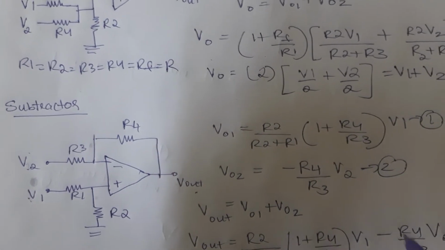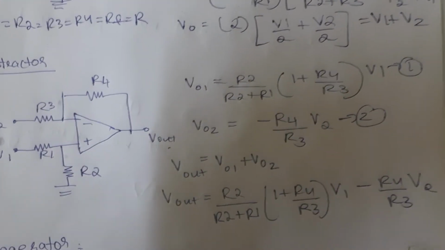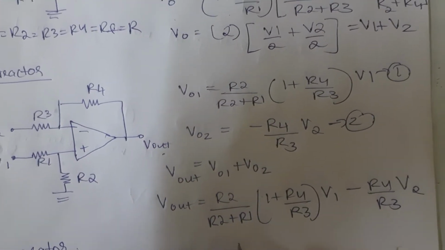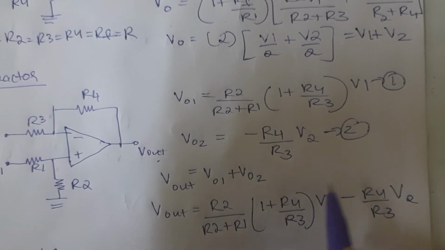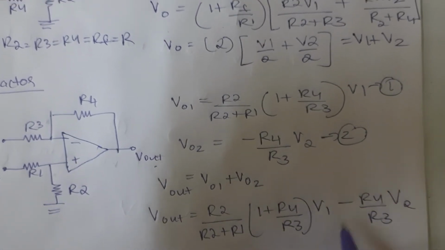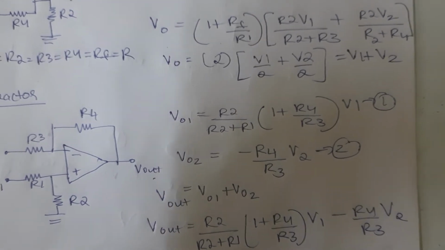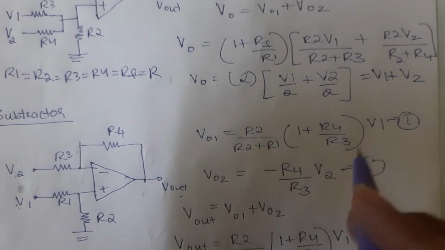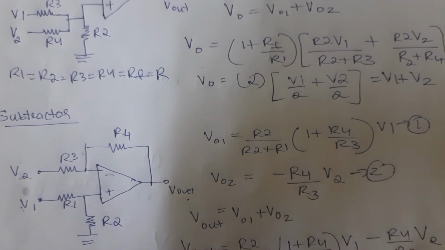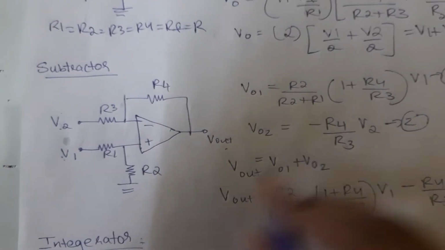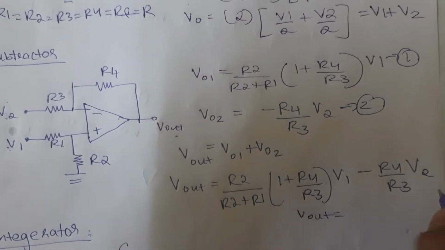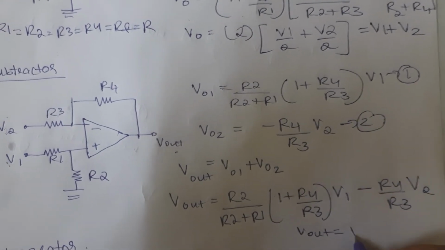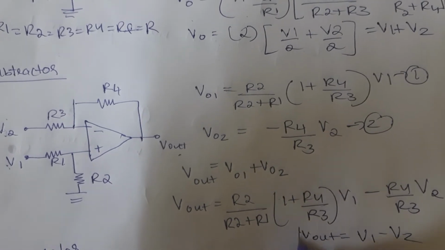Now, when I add both of these, I will get R2 by R2 plus R1 into 1 plus R4 by R3 into V1 minus R4 by R3 into V2. Here also, if I assume all my resistors to be equal as R, I will get Vout as V1 minus V2.